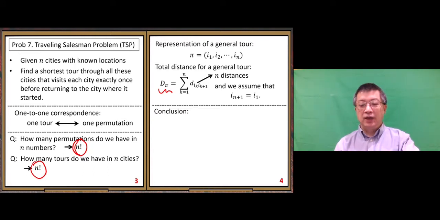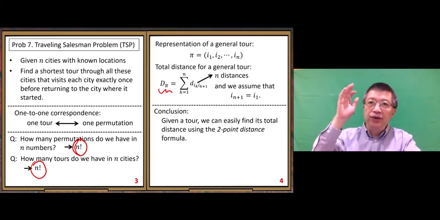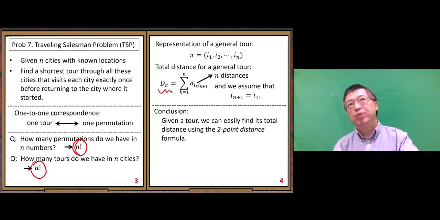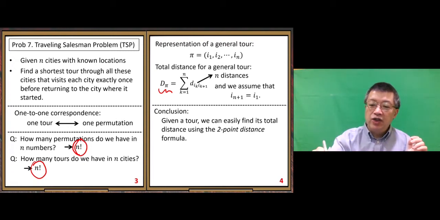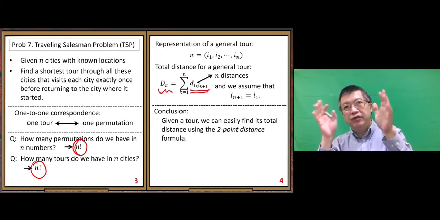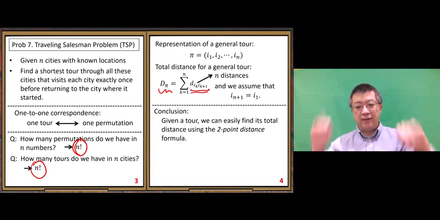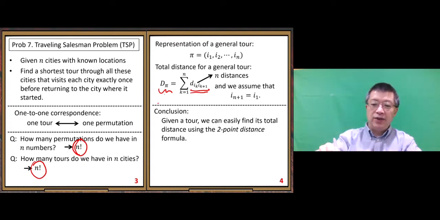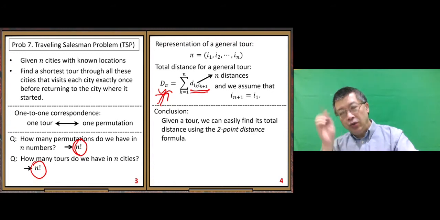Conclusion: given a tour, we can easily find its total distance using the 2-point distance formula. In our previous slide, we have that 2-point distance formula. For each term in the summation, we apply it so we can calculate the total distance. So we can find the total distance for each tour.